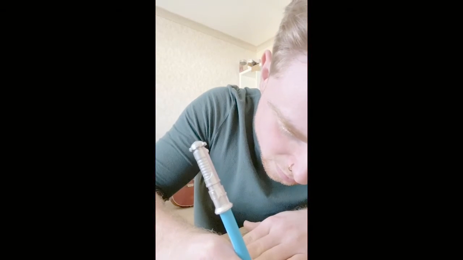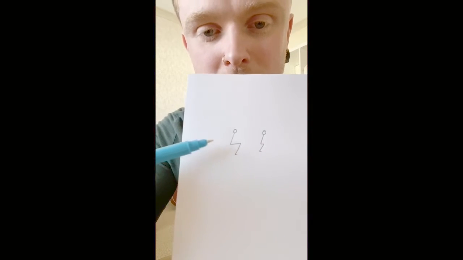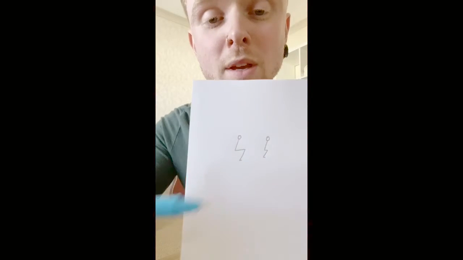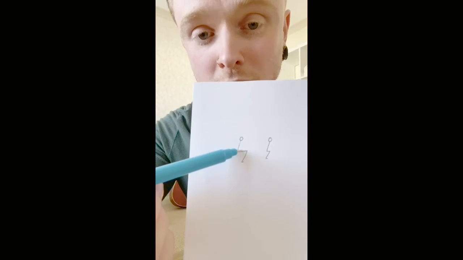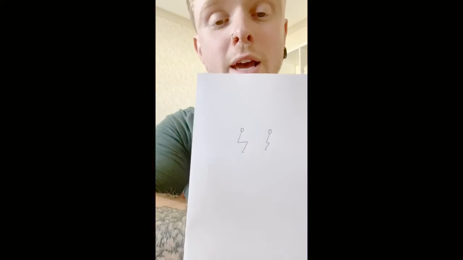I don't know why I've drawn this so small, but you'll get the idea. So we've got this chap here whose lower limbs and torso are relatively in proportion, okay? So you've got the femur, which is the bone of the upper leg, and then you've got your tib and fib, which is the bone of the lower leg, okay?